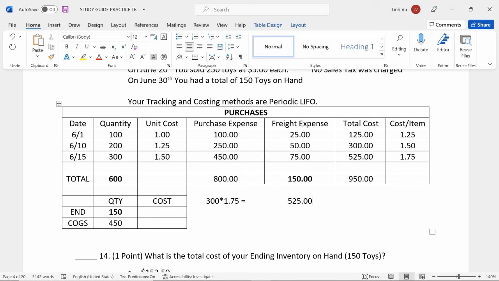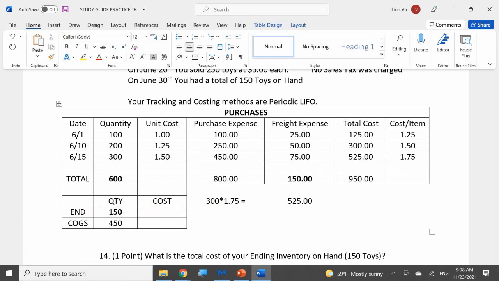How much more do we need to sell? 150, at $1.50, gives you 225.